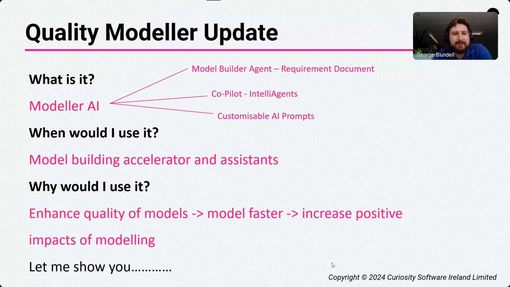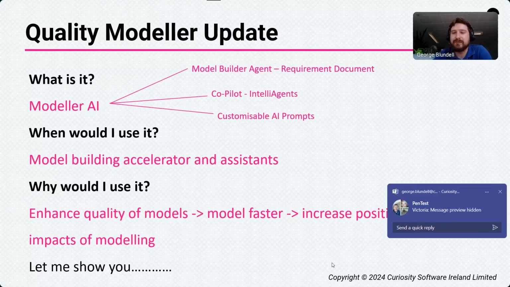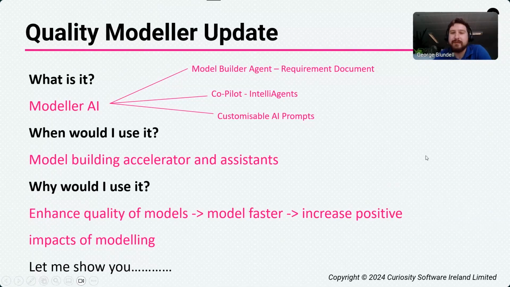This basically has a series of different AI components within it, which allows us to build models faster. It keeps the AI in the loop, really, being able to ask the AI questions about how good my particular model is, and where I could improve it. There's also lots of new capabilities for building models.